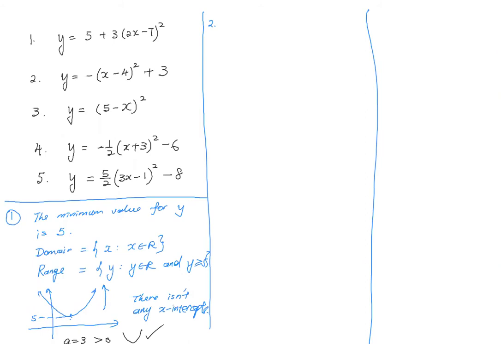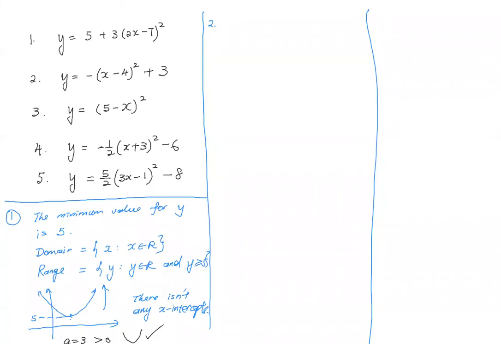This is a maximum, a concave or convex? Concave. So you have a maximum value, correct? Yep. So what is the maximum value? 3. Okay. So that is how we analyze. So there's a lot of thinking going on.